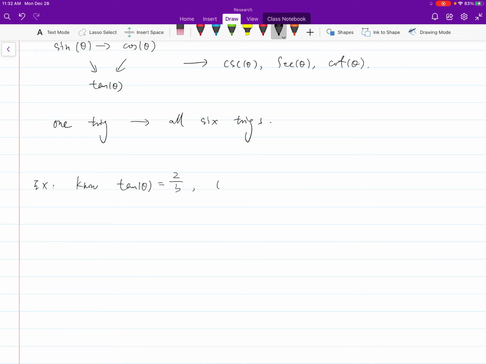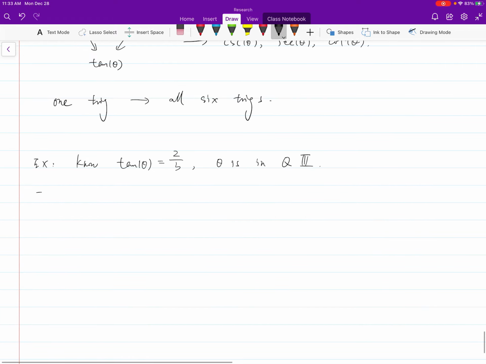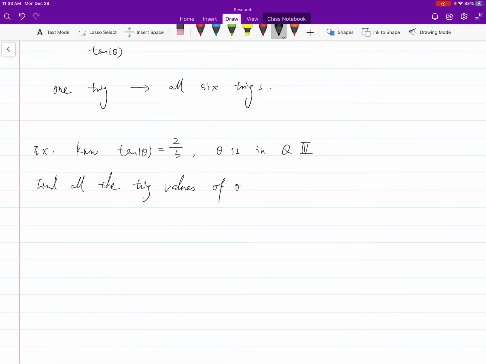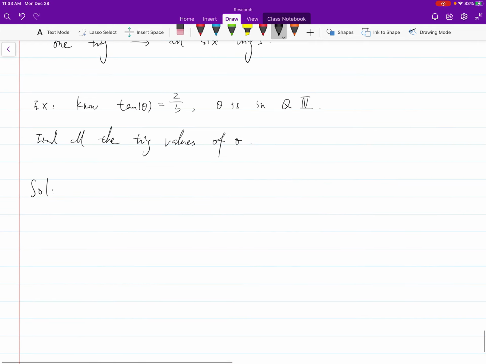And we know theta is in quadrant 3. Find all the trig values. You have 6. You only know 1, so you need to find the other 5. How do you do that? You do it by using the trig identity.